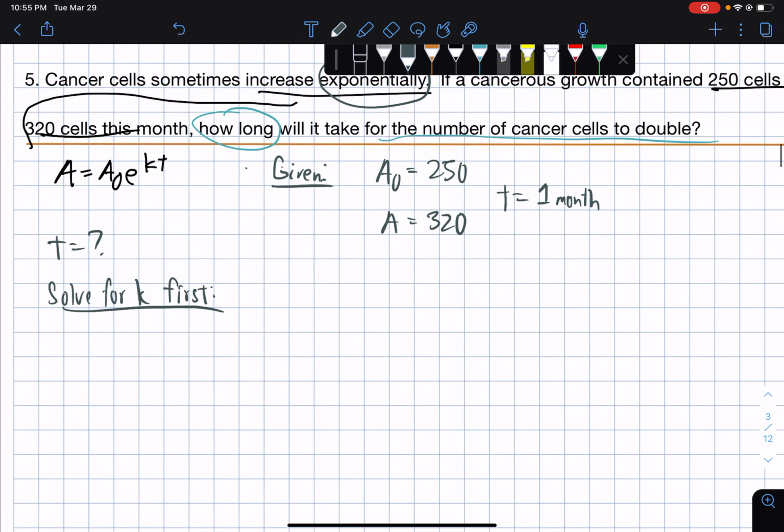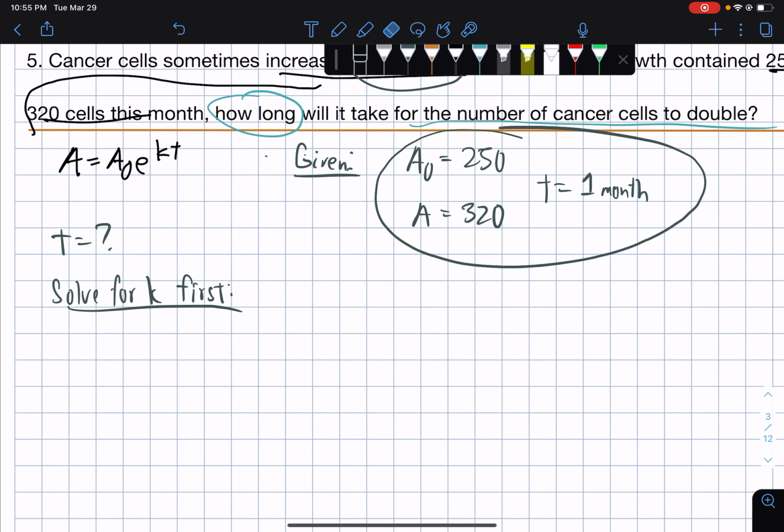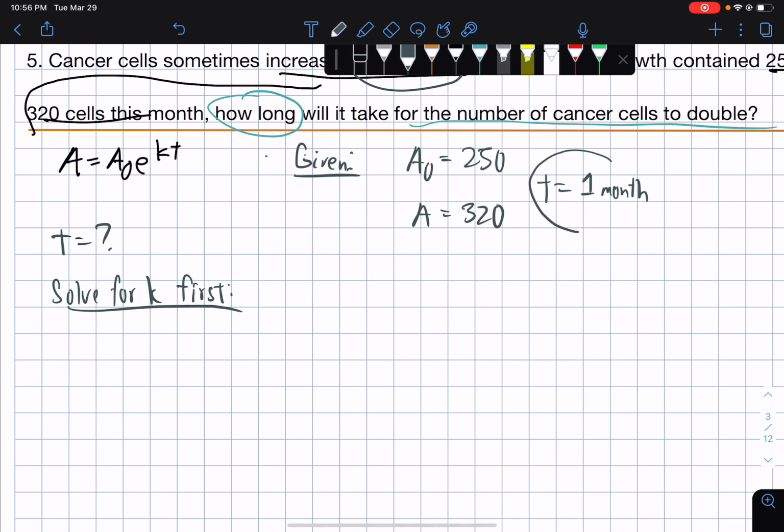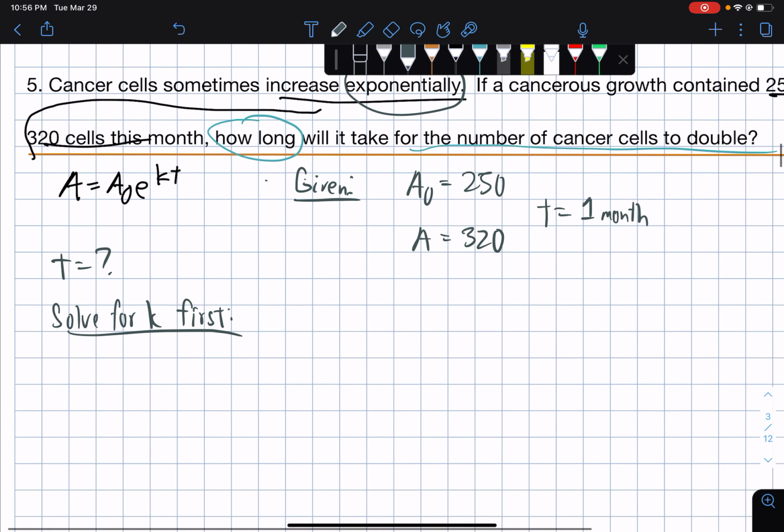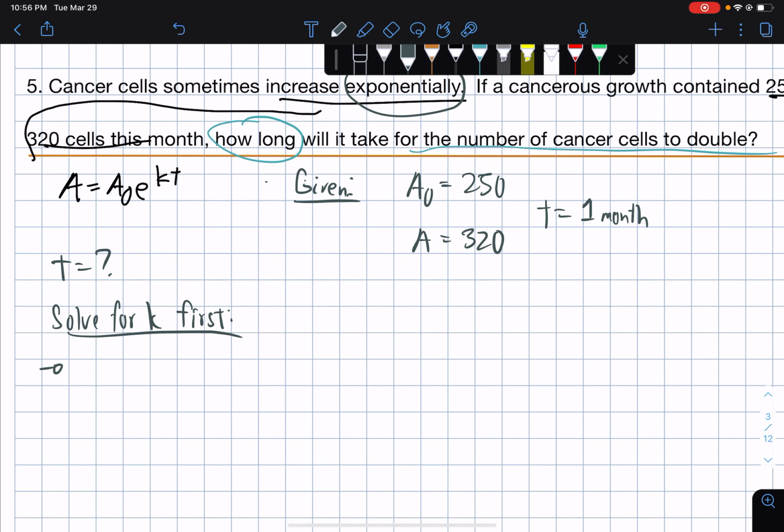So in order to solve that, we are given these values, and we'll be disregarding the 1 month after solving for k. So I think that is our plan in order to solve this problem. Solving for k, substitute the values. A is 320 equal to 250, Euler's number, raised to our k, which is the missing value, times 1 month.